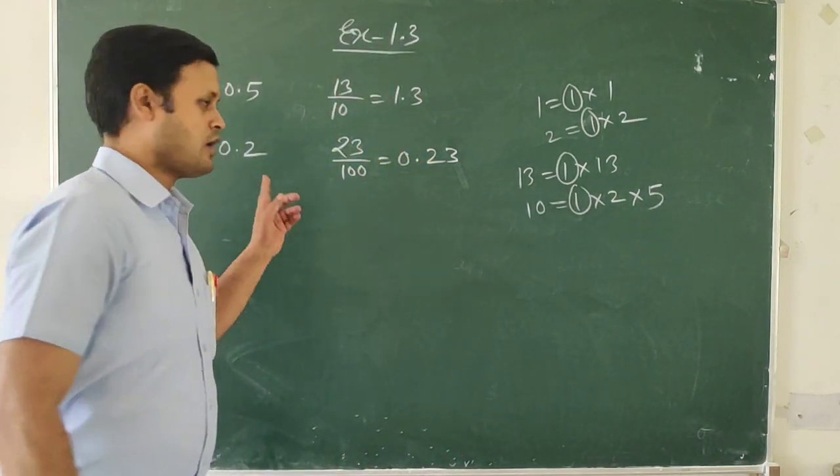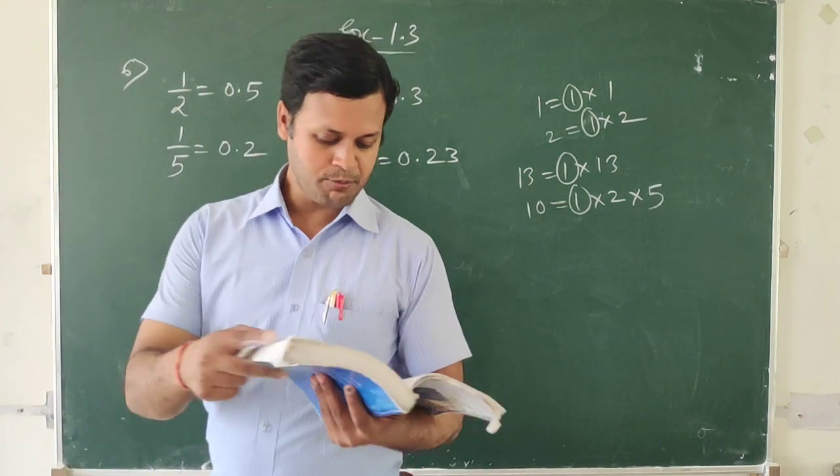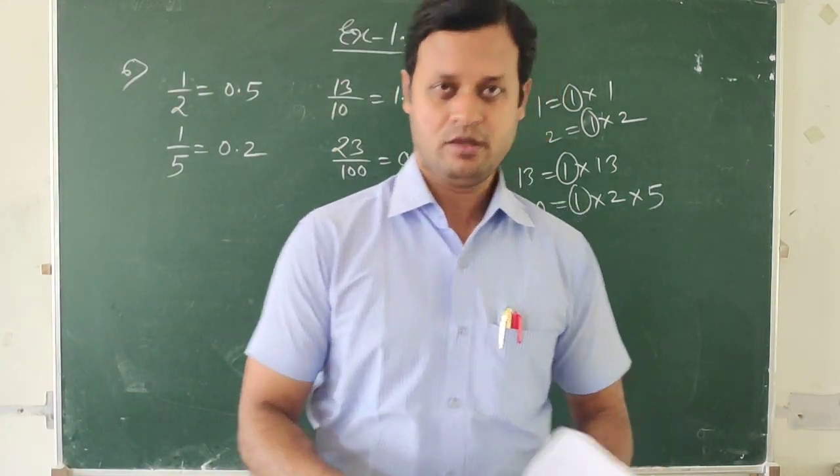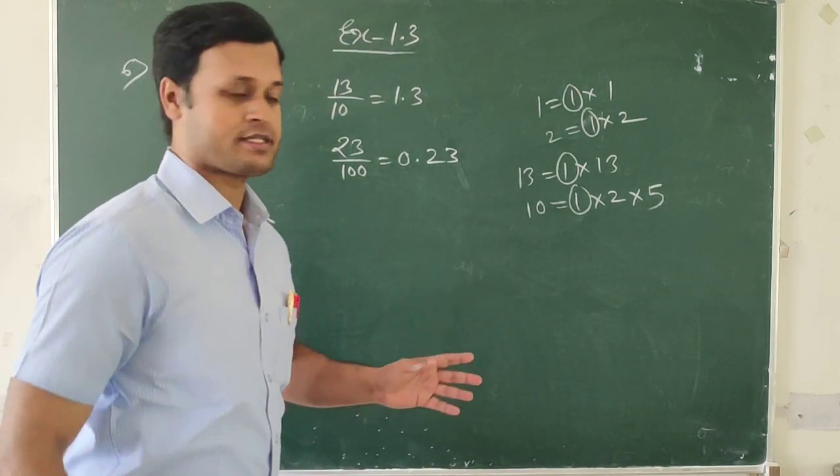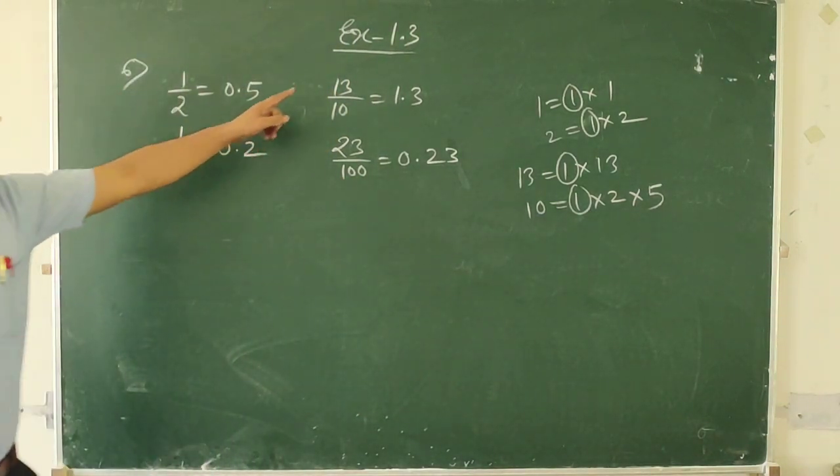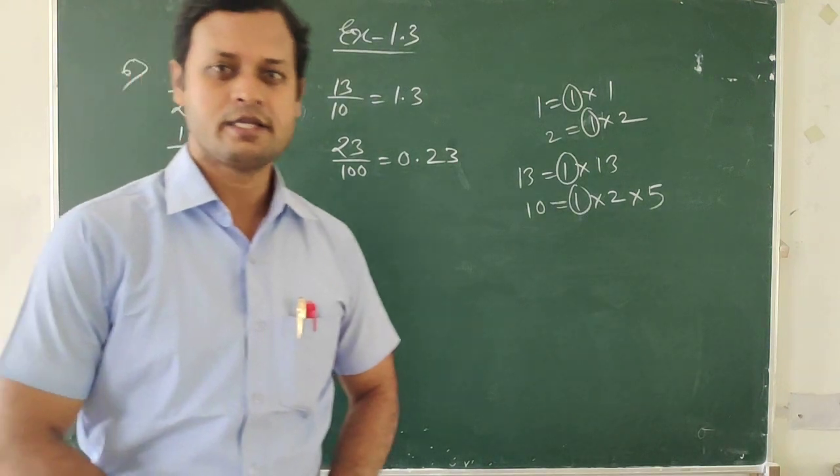Now, what is the property that q must satisfy? This is of the form p by q, p by q, p by q, and p by q. What is the property that q must satisfy?